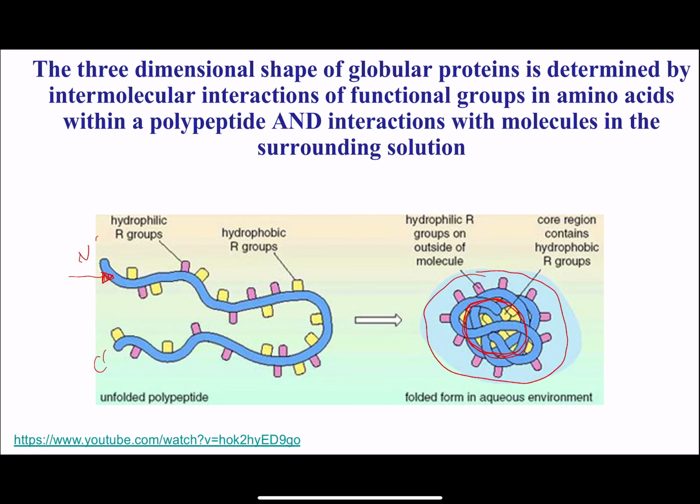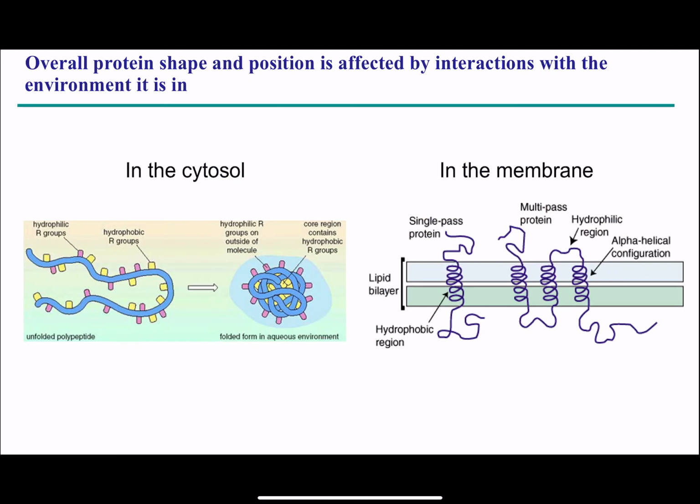And so the three-dimensional shape of a protein, the overall shape that a protein ends up taking on, is determined by intermolecular interactions between the R groups of amino acids and also between those R groups and the surrounding environment, such as the cytoplasm. That's true in the cytosol, the watery environment of the cell, but that's also true in the membrane.